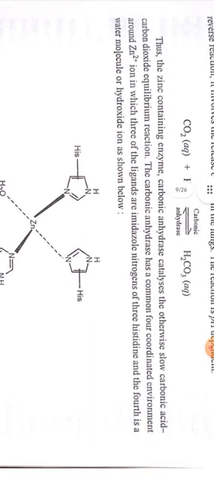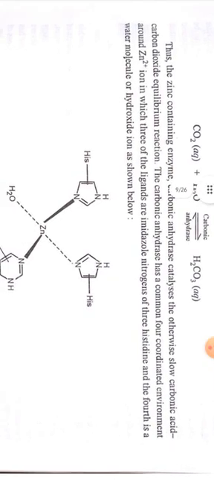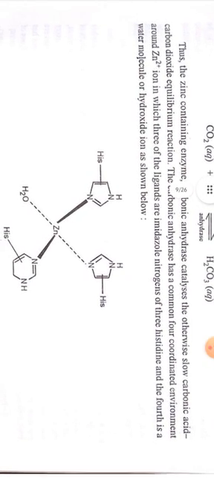Carbonic anhydrase has a common four-coordinated environment around the zinc ion, in which three of the ligands are imidazole nitrogens of three histidines and the fourth is a water molecule or a hydroxide ion, as given below.